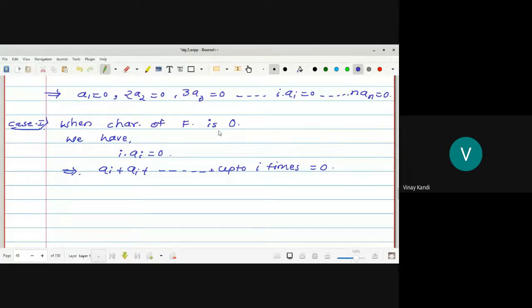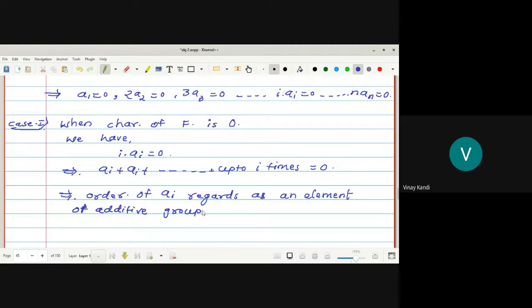So this implies the order of ai, regarded as an element of the additive group of F, is less than or equal to i.